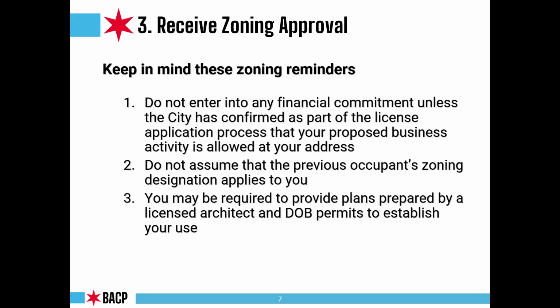If you're looking to apply for a hair salon, there can't be another one within 1,000 feet. If there is, more than likely your application will get denied, and then you will have to go through what's called a special use. And so again, don't assume that because it previously served as X, Y, and Z, that you'll be allowed to conduct the same type of application at that same site.